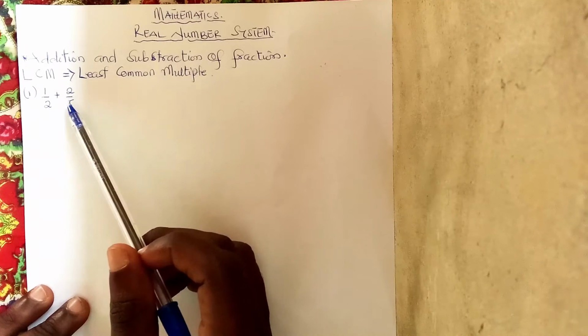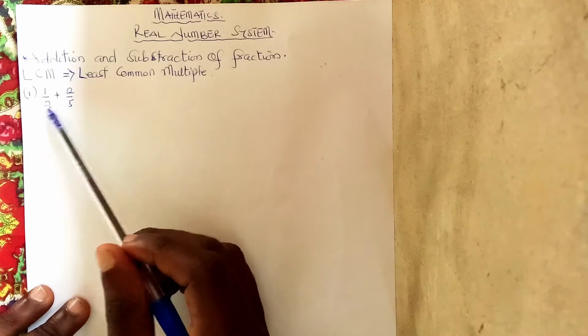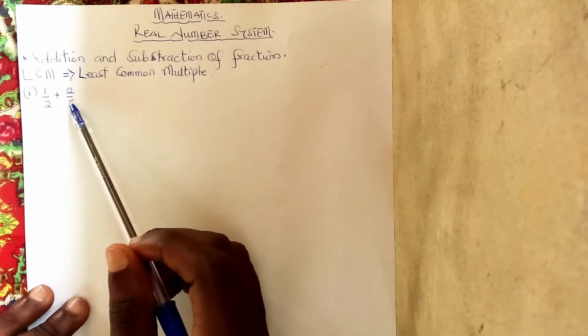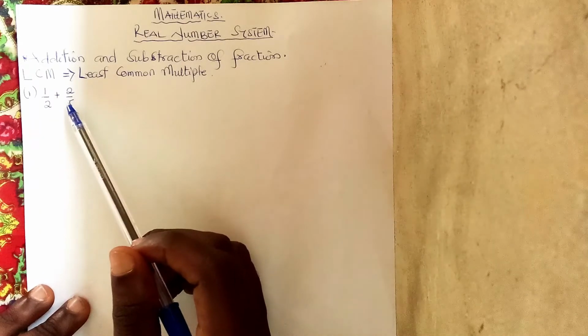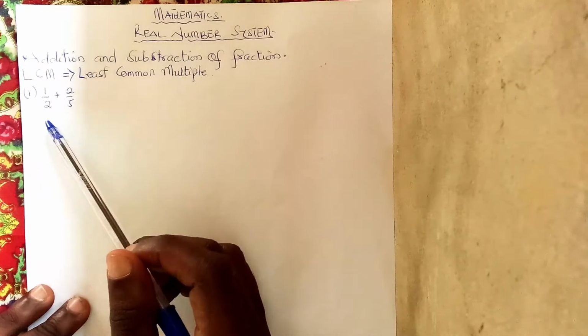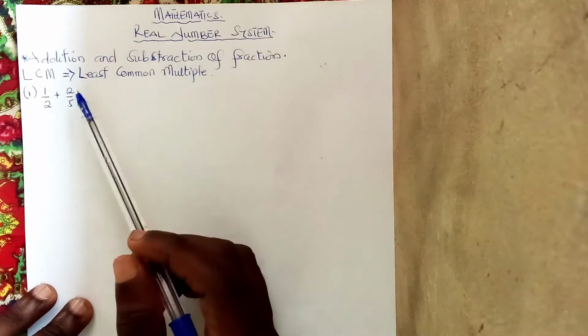We can have a number like 20. 2 is divisible, 5 is divisible, but it's not the least. So we move on down to 10. Whereas 10 is the least, since 2 is divisible and 5 is divisible. So we have our LCM to be 10.